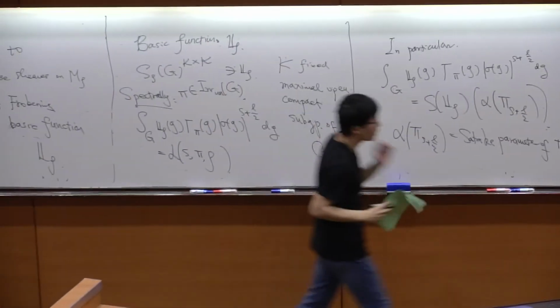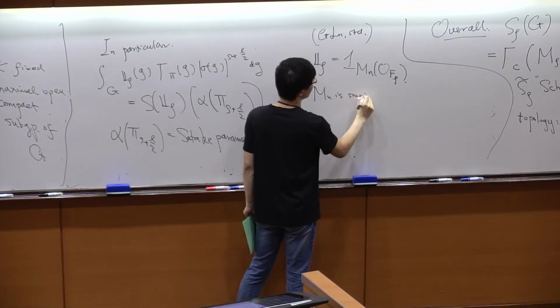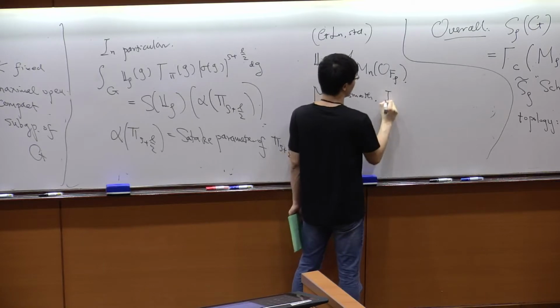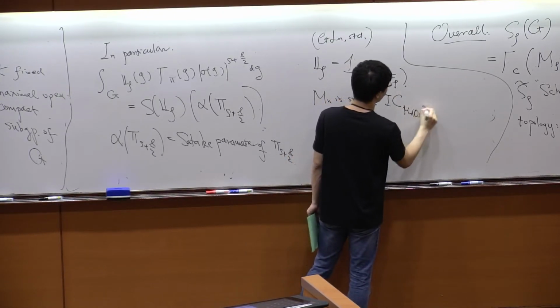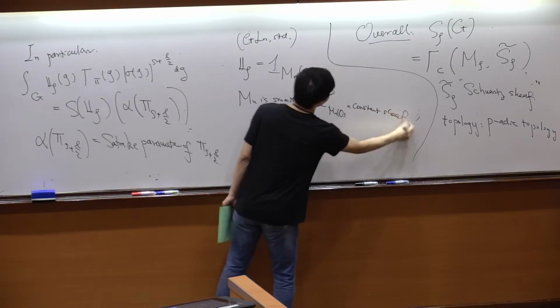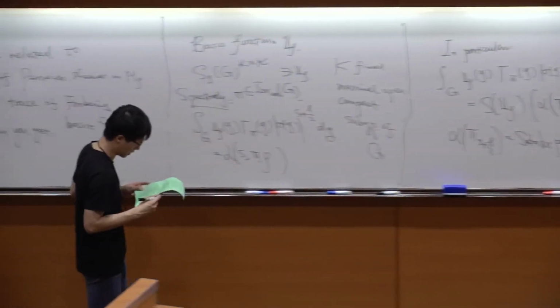And geometrically, you find that Mn is smooth. So as you can imagine, the intersection complex should be the constant sheaf. And if you take the trace of Frobenius, indeed you get a constant function on the integer points.